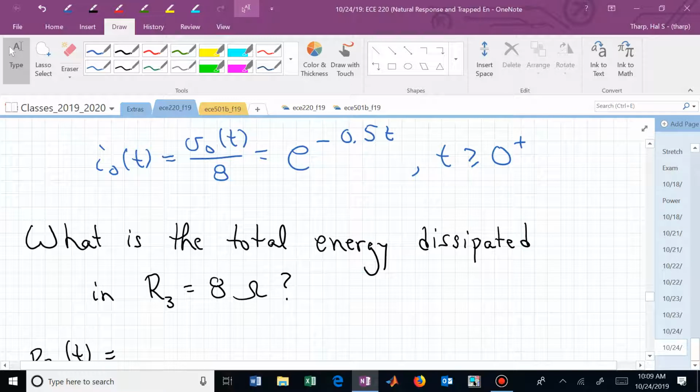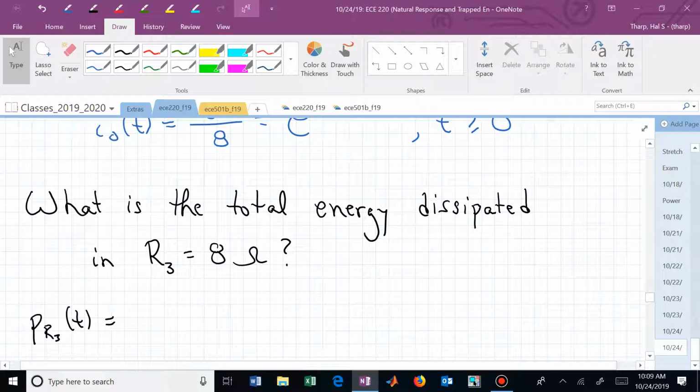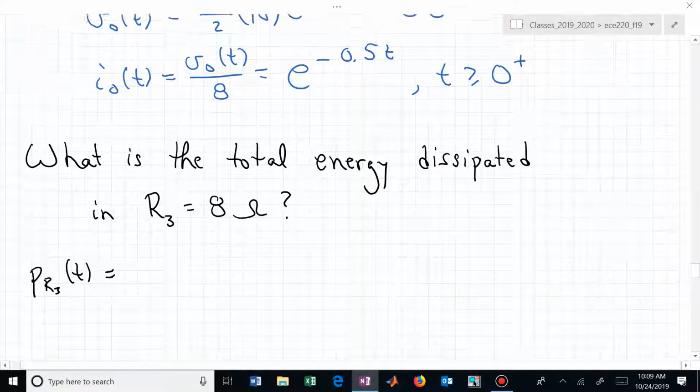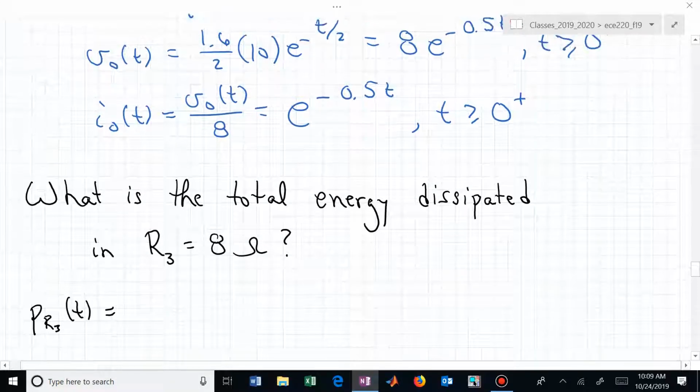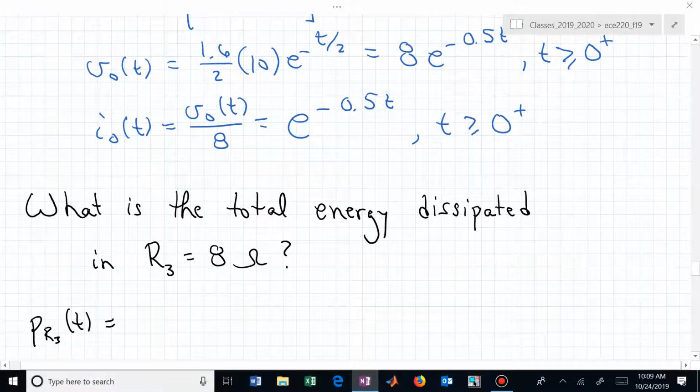And now we might want to answer the question, what's the total energy dissipated in R sub 3? I'm giving you kind of a roadmap. What's the power associated with R sub 3? How do we find the instantaneous power? I'm really giving you a lot of hints here by the appropriate scrolling of the screen.